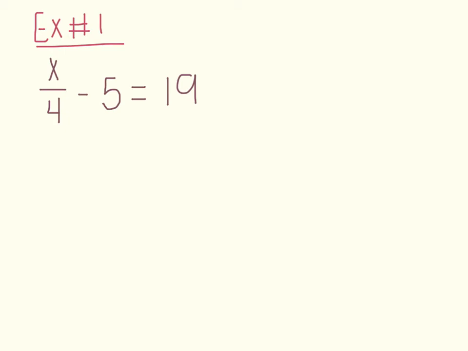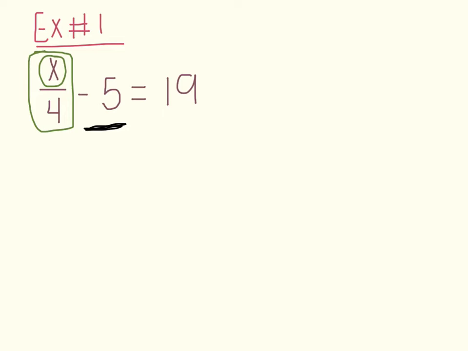We have x over 4 minus 5 equals 19. So obviously x over 4 is the part that has the variable, and that's going to be where we need to get x by itself. But also we have the minus 5 this time, where before we wouldn't have had that.